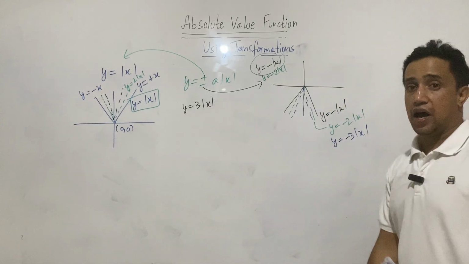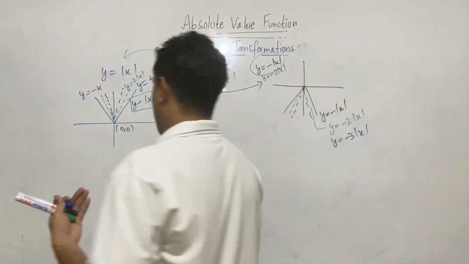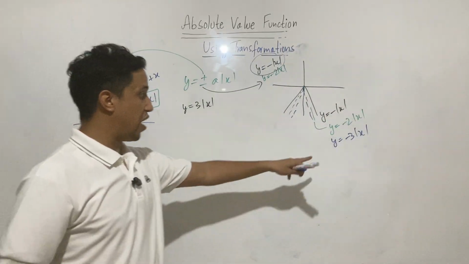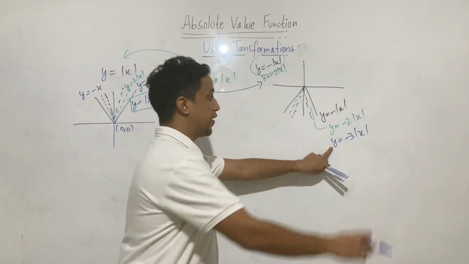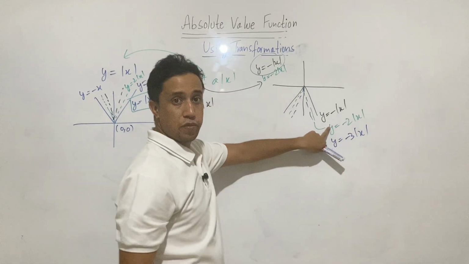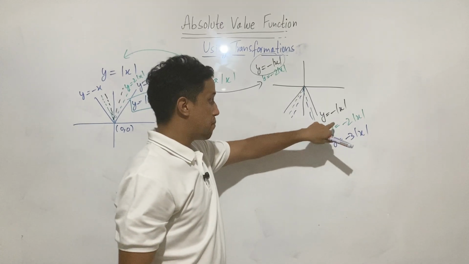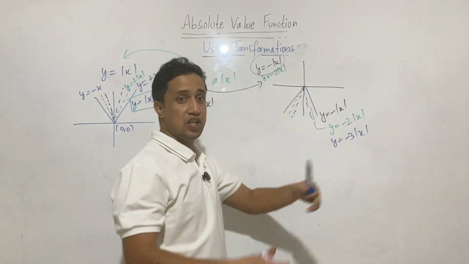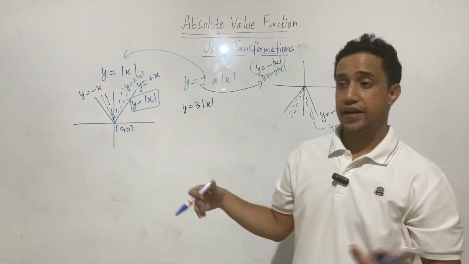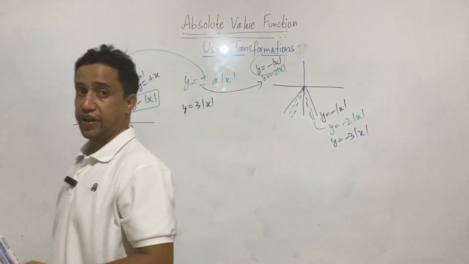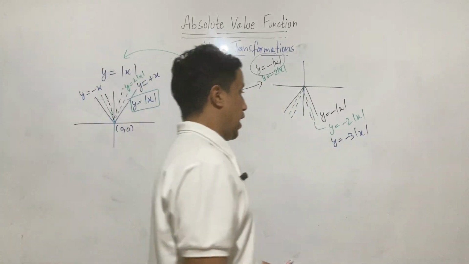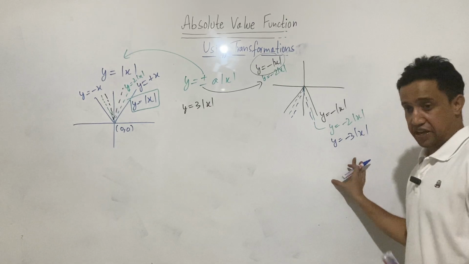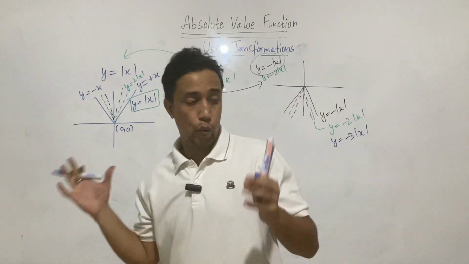And the opposite is also the case. If you analyze this graph, this one is going to be more stretched than this one. So the opposite way is correct too. We did this yesterday. It was just a quick recap.